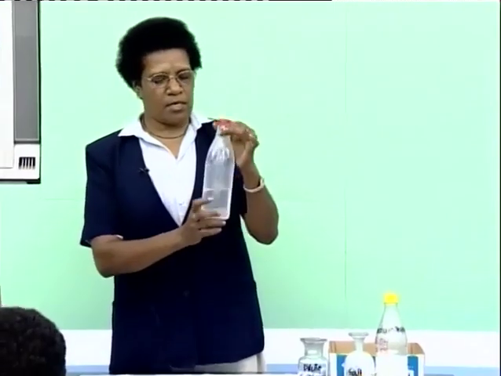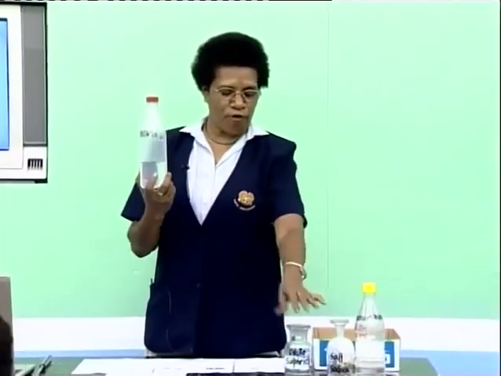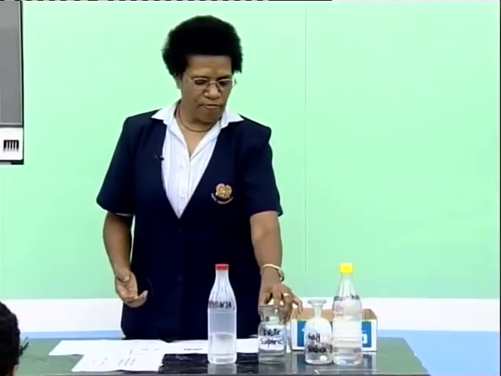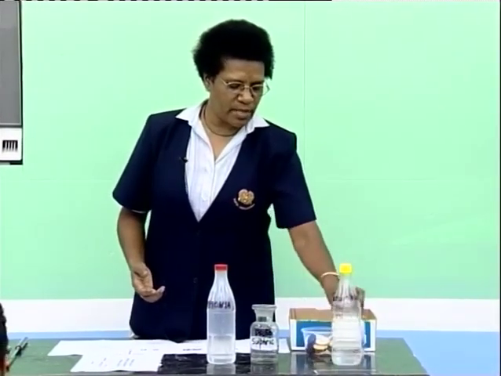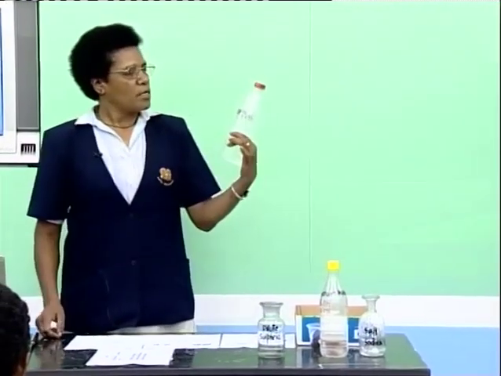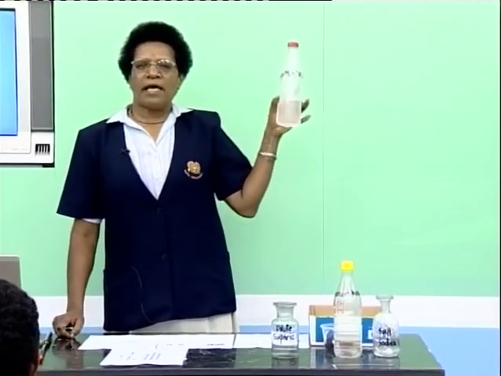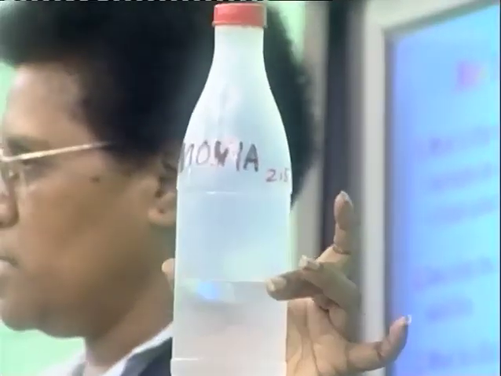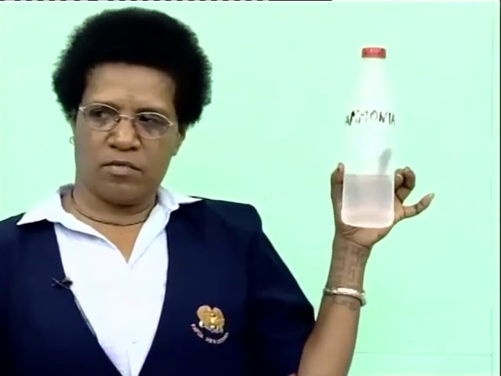Now, before we go to our topic for this lesson, I'd like us to have a look at what I have. I have with me solutions, about 4 of them. This solution has been diluted, and this is a diluted ammonium hydroxide.